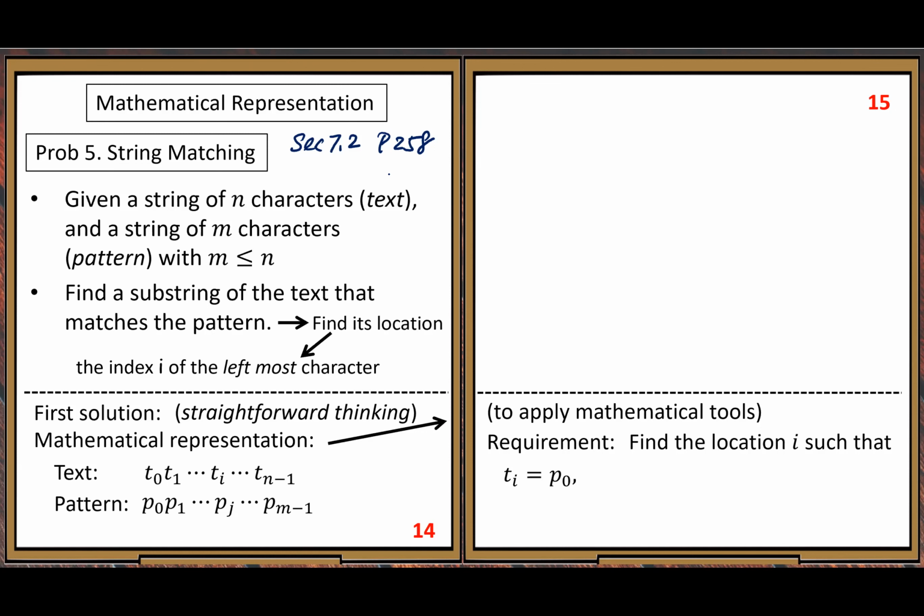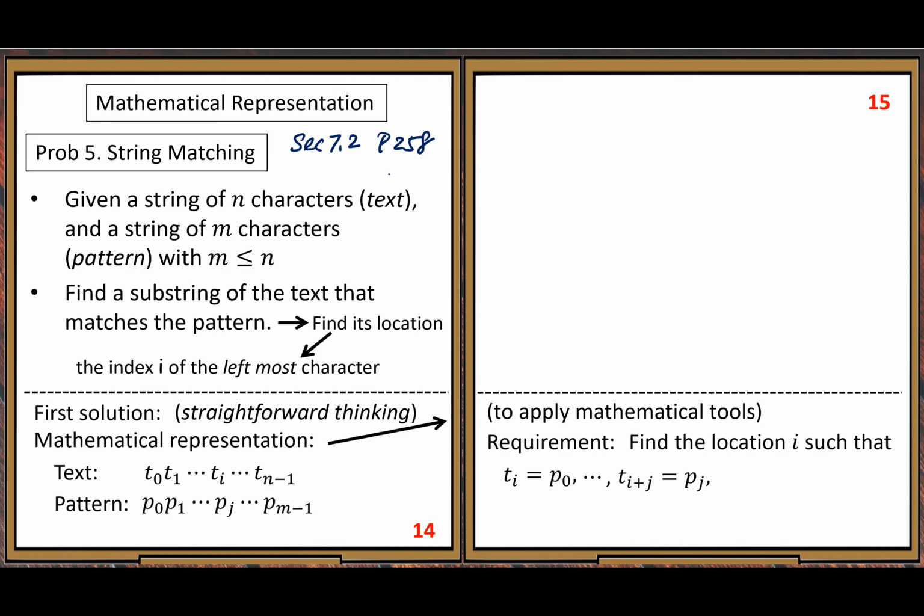Then the following characters, following the natural order, T sub i plus j. After T sub i, we jump to the next j characters. At the P side, we also need to jump j characters, P sub j.